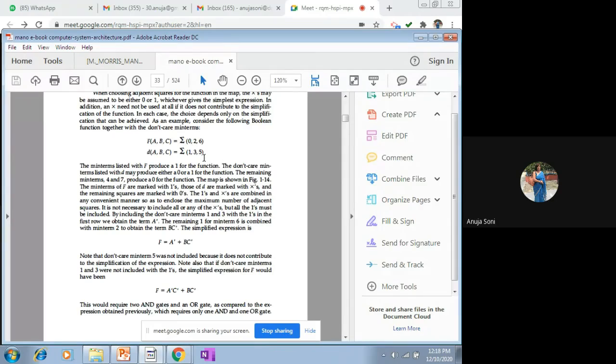Don't care means either 0 or 1, but it is not predicted, it is not firm, it is not fixed. So whenever it is not fixed, it will be represented by don't care. Don't care will facilitate to simplify the Boolean expression further.